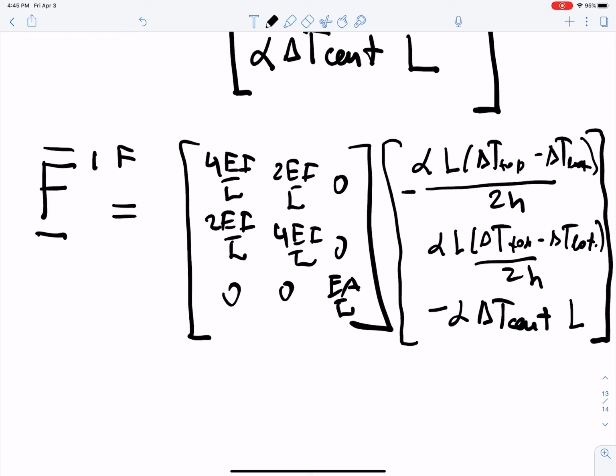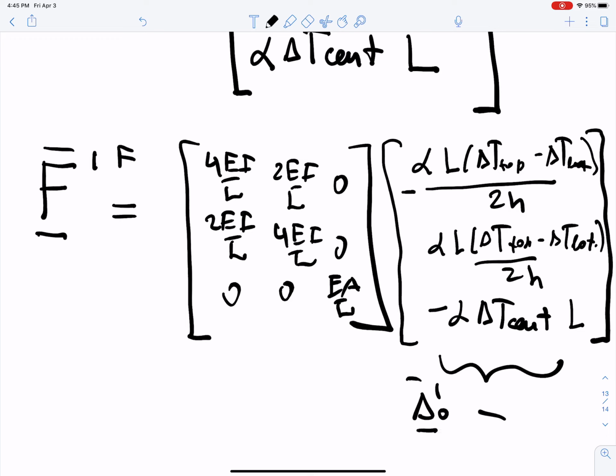And now we get exactly the expression given for our delta prime 0.